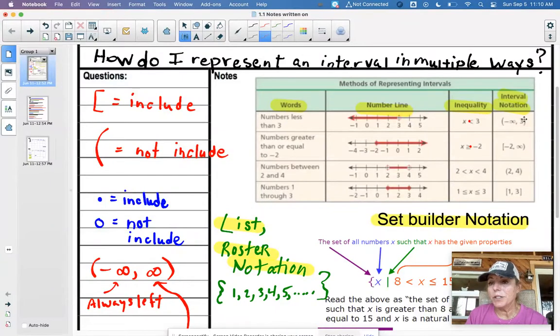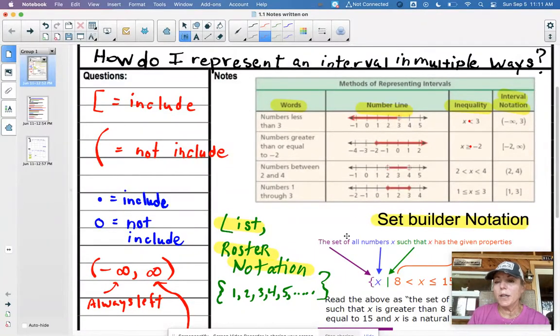Up here with the top 2 scenarios, that's not a sandwich situation. The second one, where the arrow's pointing to the right, we're approaching infinity. And I told you back here that infinity is always on the right and always has a parenthesis. But the negative 2, which is on the left, has a bracket because it's a closed circle, we're including it.